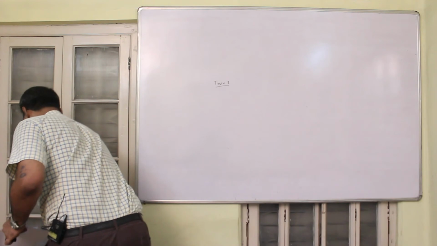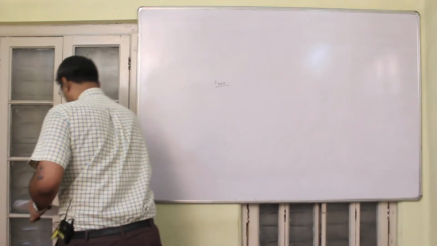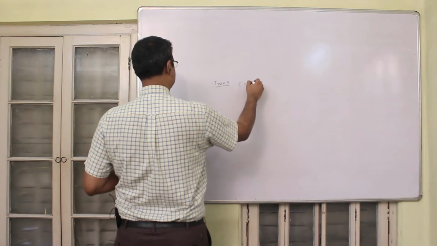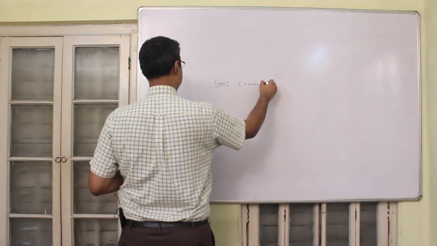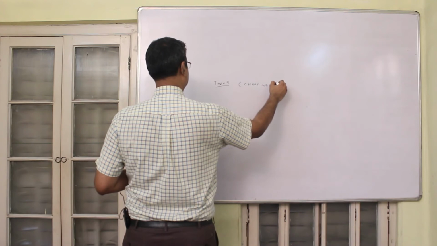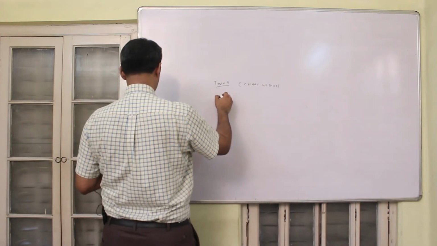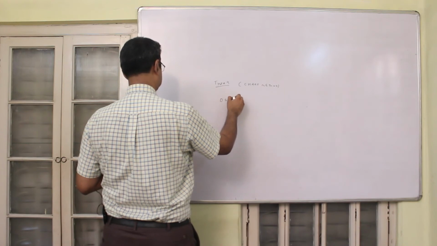Now we'll have a look at type 9, which is also called the chart method. In type 9, there is a question given.